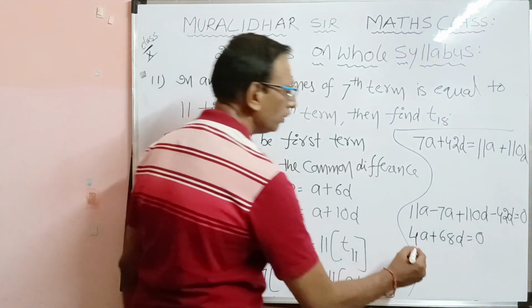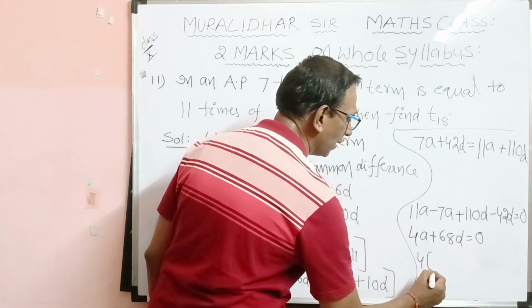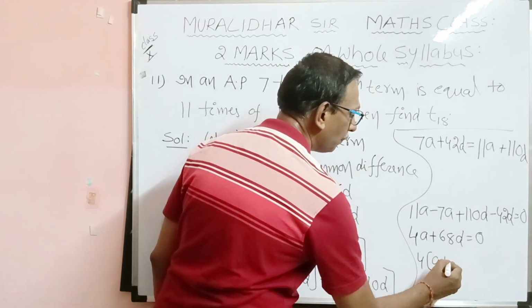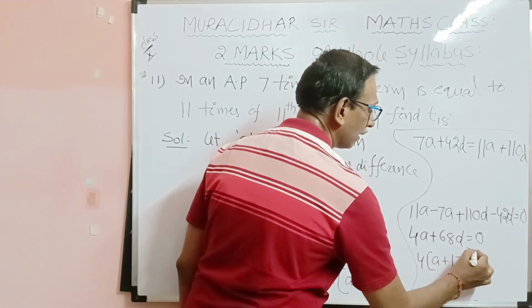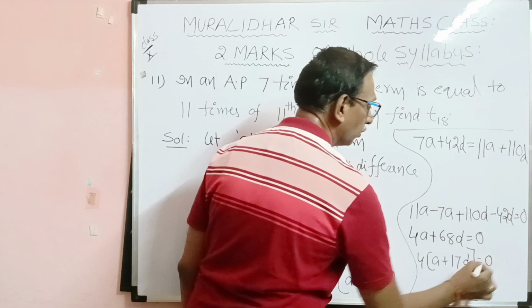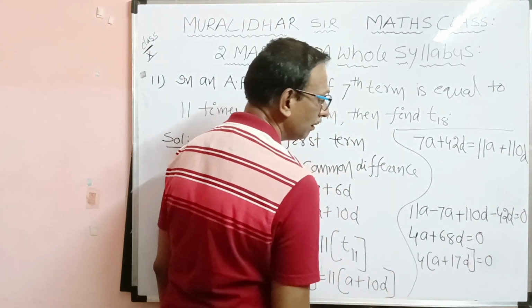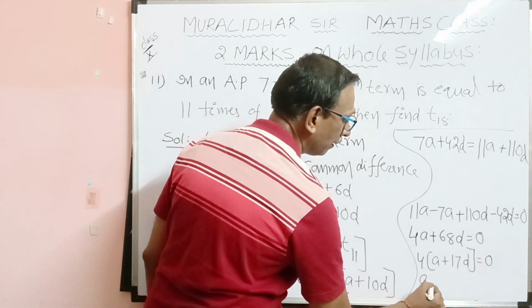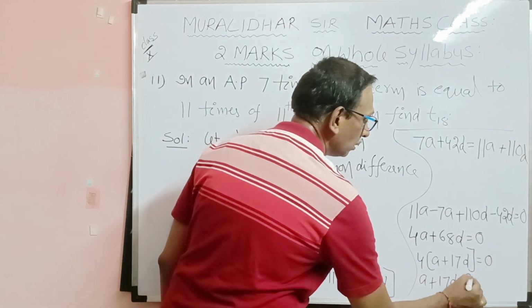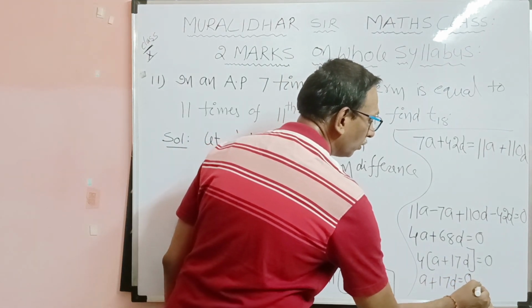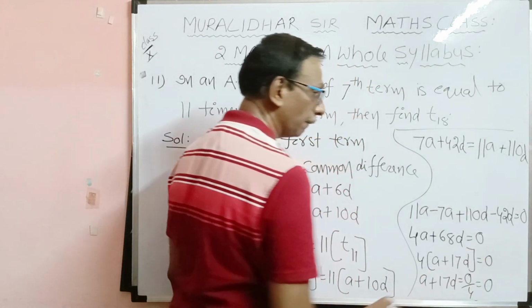Now you take 4 common: a plus 17d is equal to 0 by 4, that is 0.